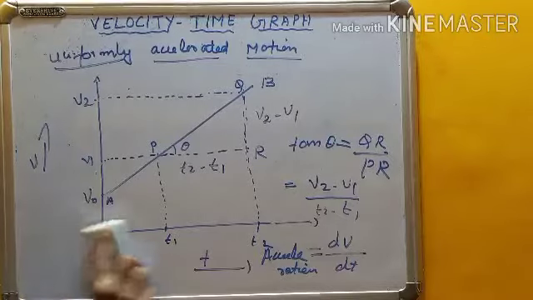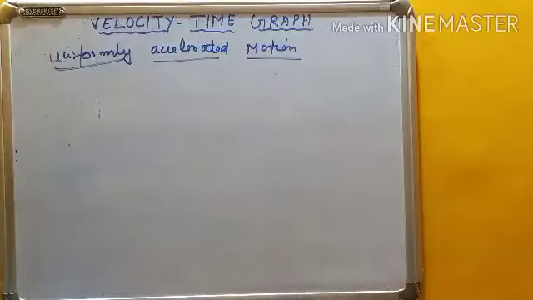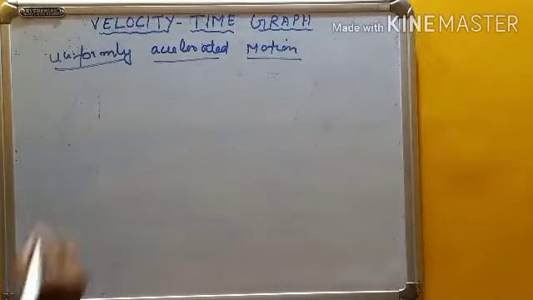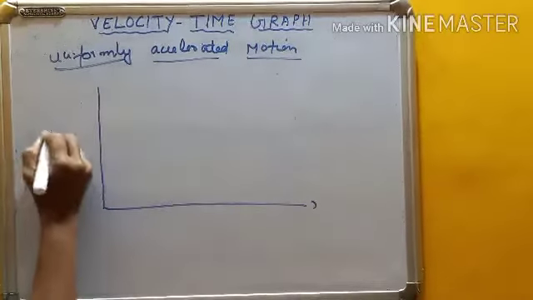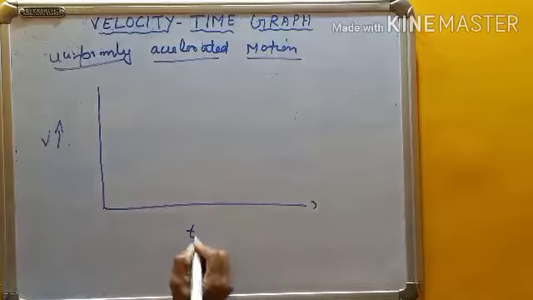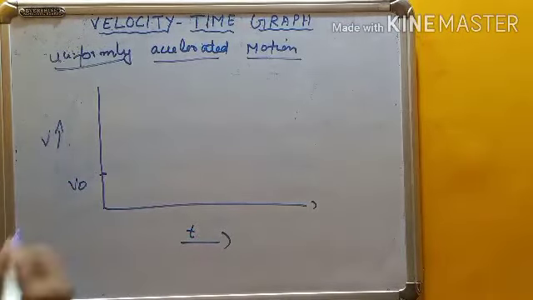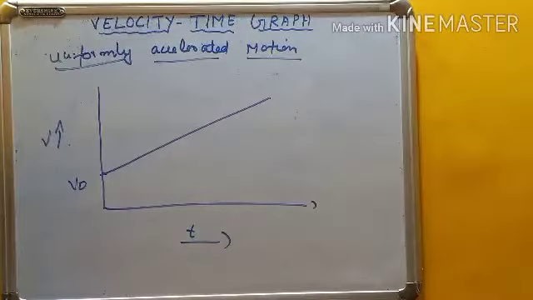Now, one more related concept we have to find out. Here also we are going to find the area under the Vt graph in this case. So once again you plot the velocity time graph, with initial velocity, let it be V naught, and we have seen that it is a straight line inclined to the time axis.